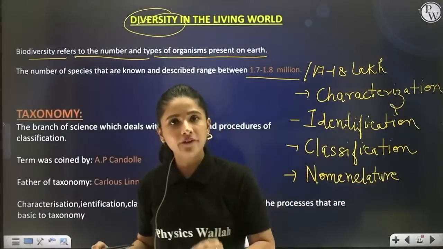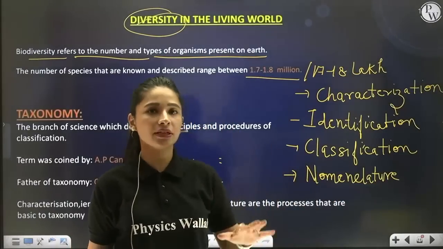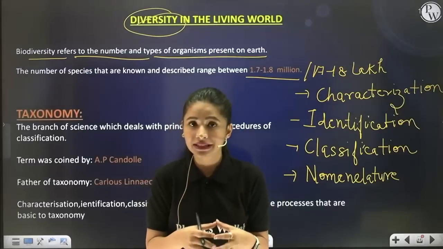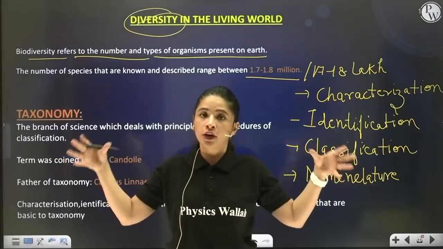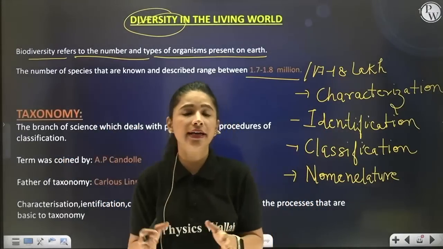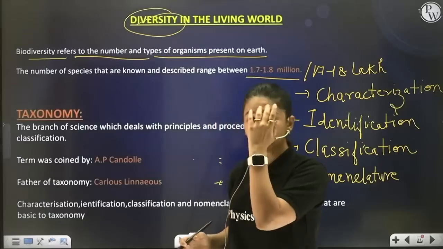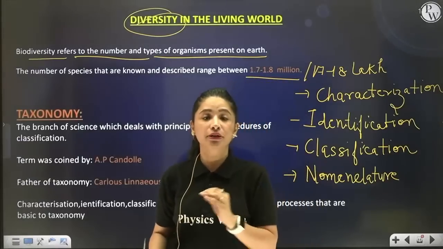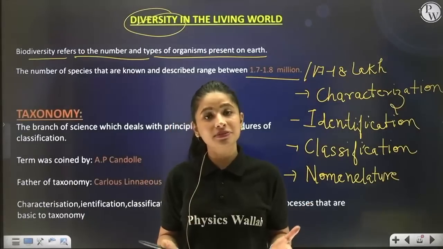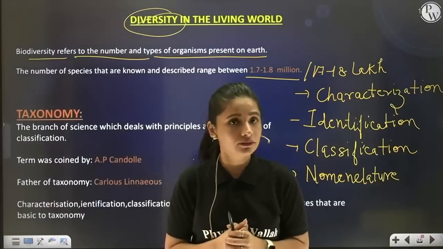So what I have told you so far, we have discussed diversity, biodiversity. Biodiversity means different types of organisms present on the earth. So far, about 17 to 18 lakh species have been recorded. However, so many species, so many organisms are yet to be discovered.